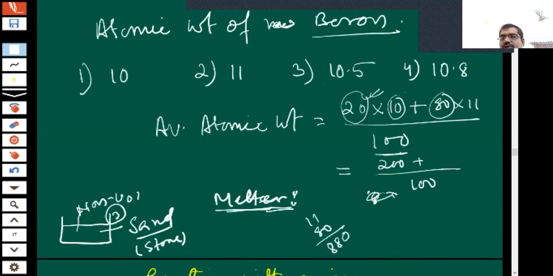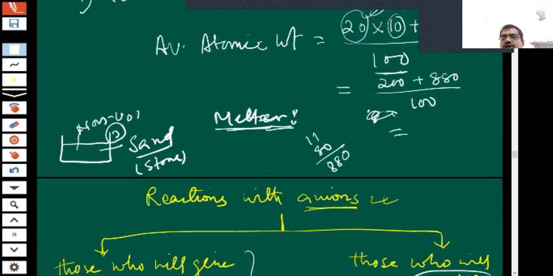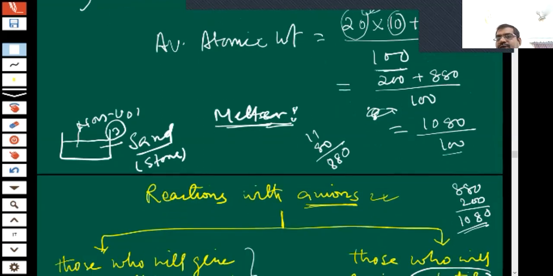Did you understand? So what is the total mass? Add 880 and 200. It is 1080 for 100 particles. So if 100 particles are there, this will be the weight. What will be the weight in this according to the situation?